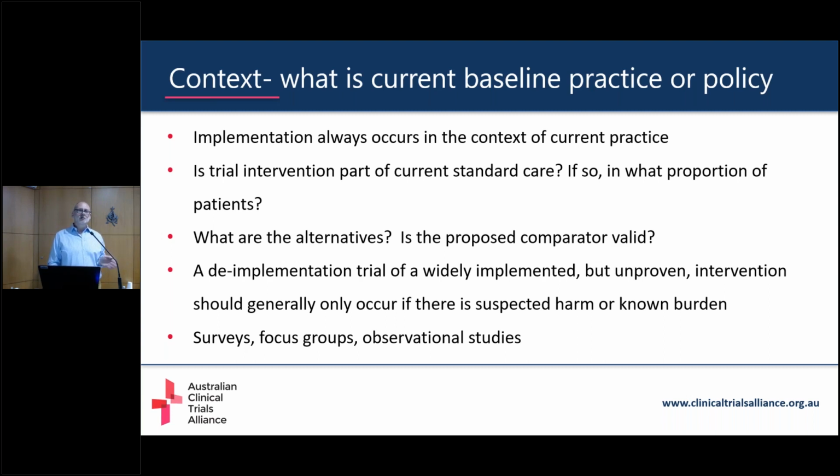Where it's a new intervention that's being evaluated, it's critically important to provide a control comparator which is actually reflective of standard care. I think I've seen clinical trials, perhaps not done by investigator-initiated groups, where the comparator is sometimes chosen because it might not be very good. And that doesn't really help with respect to implementability.